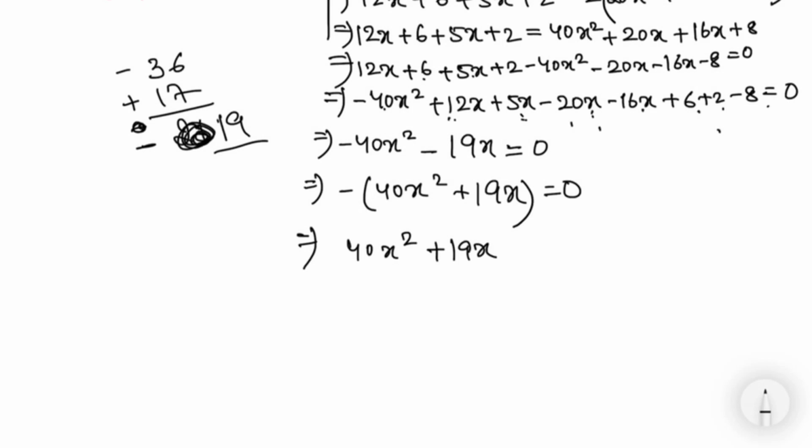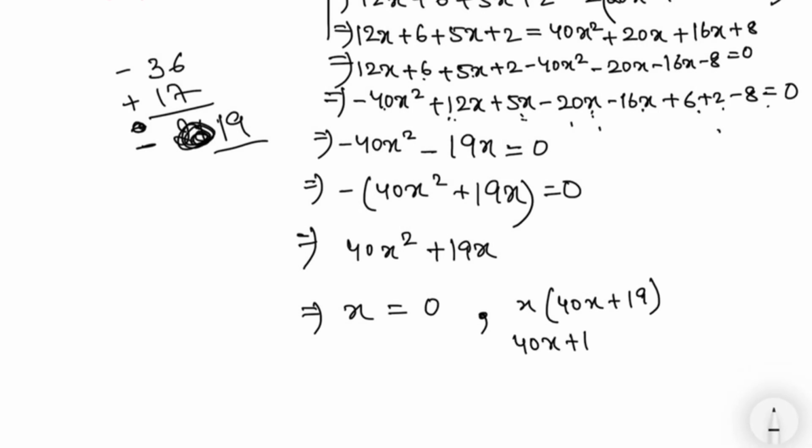Okay, now when you use the quadratic formula, you will get your answer as first x equals 0 and second x as how much? Taking x as common, 40x plus 19 equals 0.